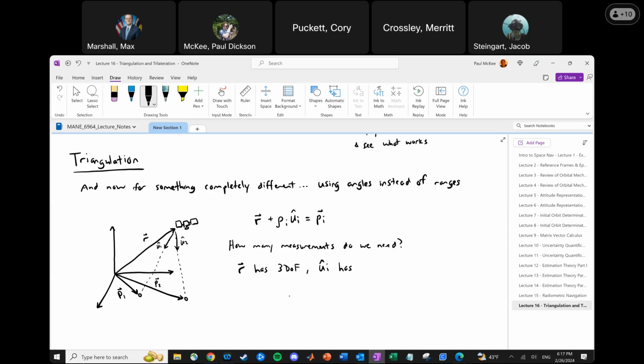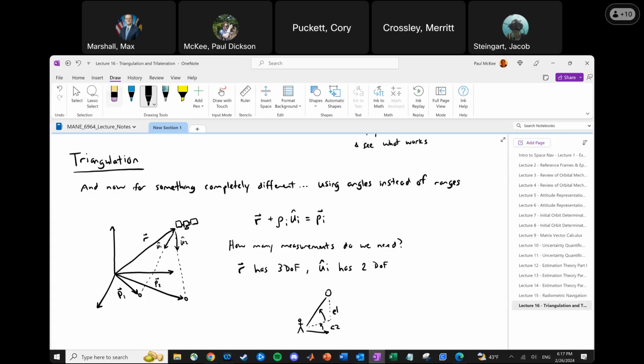2 degrees of freedom. It's tempting to say 3 because it's a 3 by 1 vector, but remember it's unity norm. So you could think of it as if you're an observer standing on the surface and you're looking at the moon, and this way is north, and the moon is up here, then it's going to be like this, right? You've got your angle from north. So that's your azimuth direction, and then you've got your elevation direction. So az and el, those are your 2 degrees of freedom.